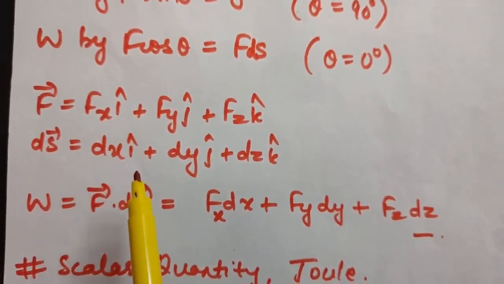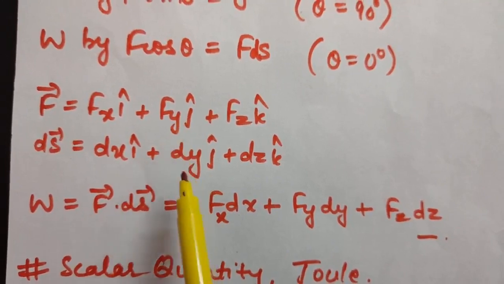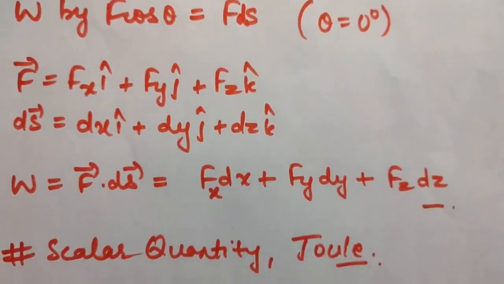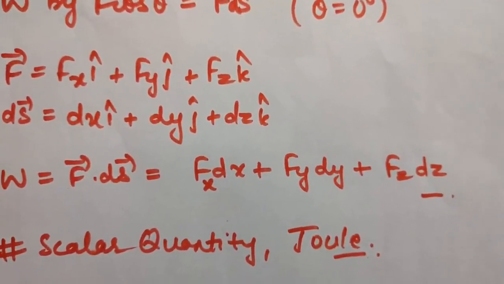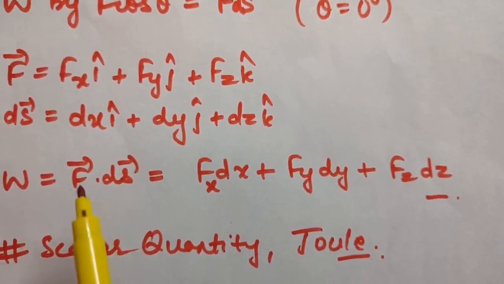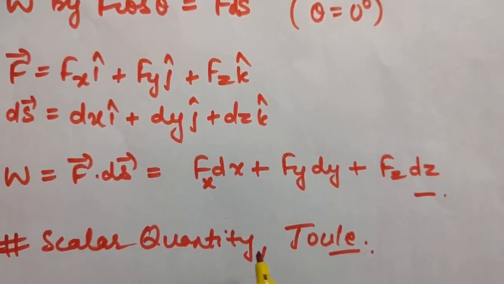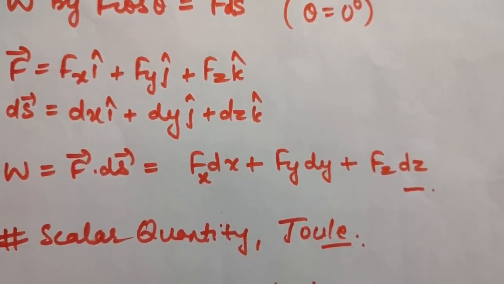So i dot i will be 1, that is Fx dx. Then j dot j will be 1, plus Fy dy plus Fz dz. So this is the value of work done in terms of components. Now because work done is nothing but a dot product, it is a scalar quantity, because as you know from the dot product you always get a scalar quantity.